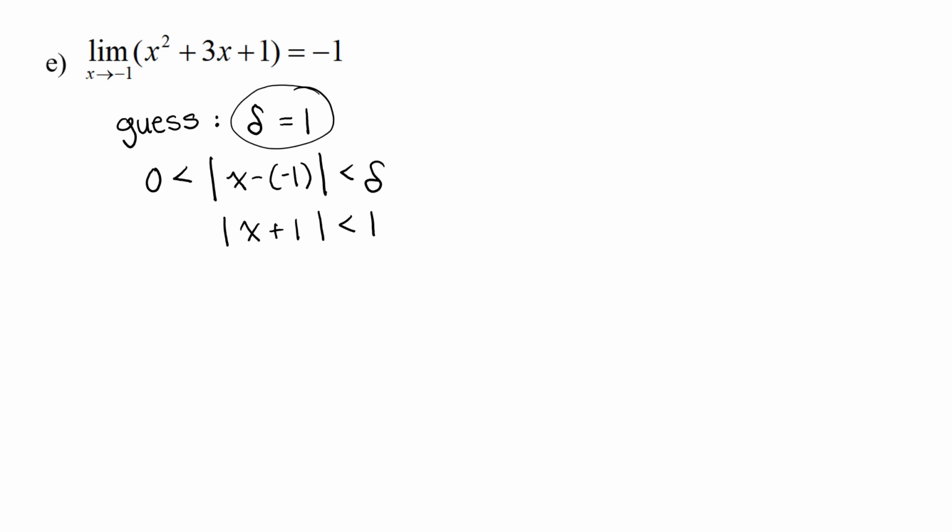So we can change this absolute value inequality into a compound inequality. So we have -1 is less than x plus 1 is less than 1. And now we want, instead of having an x plus 1, to have an x plus 2, because we're trying to figure out a value for k.